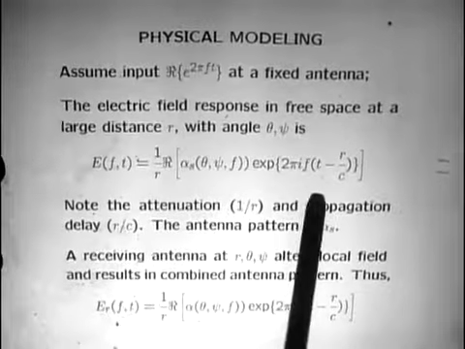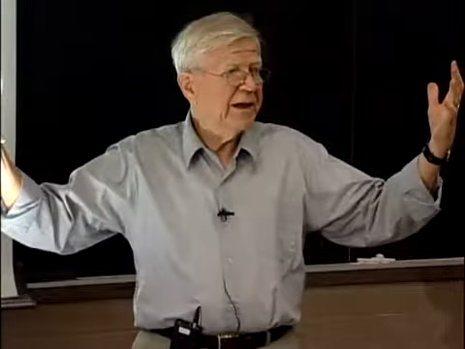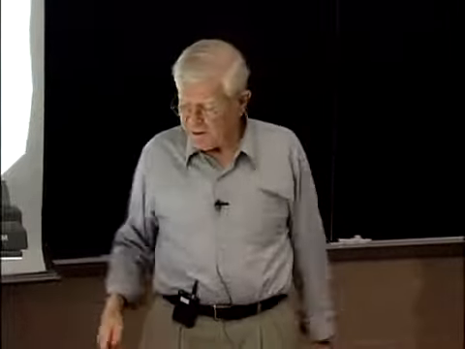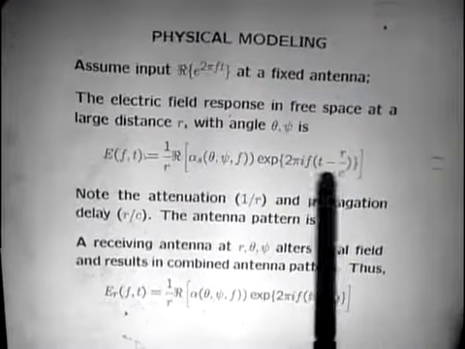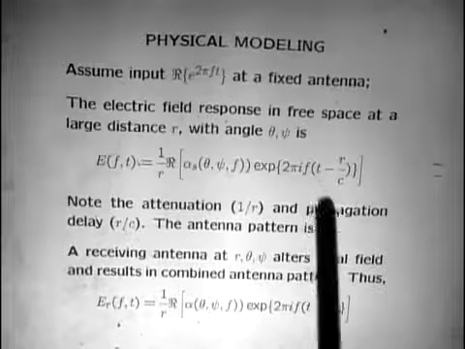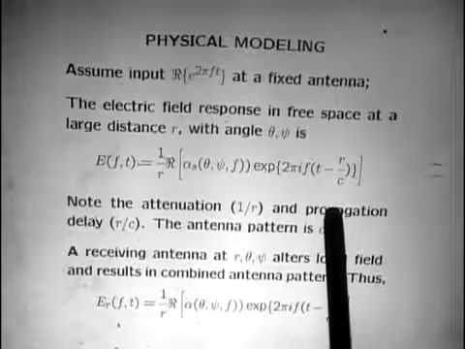Okay, the other part of this equation is that if I send a signal, as it radiates outward, it's going to be radiating outward at the speed of light, and therefore whatever I receive is going to be delayed by the distance that I am away divided by the speed of light.